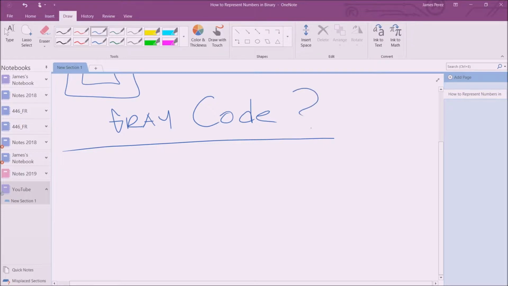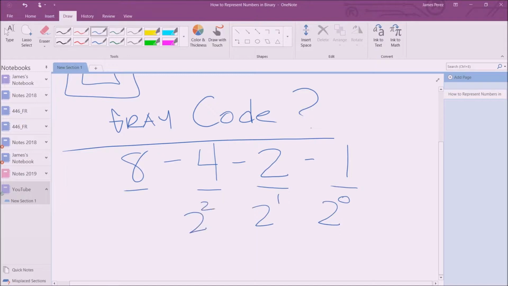Gray code is a form where numbers are represented using something called 8421, in which each of these numbers represent a power of 2, starting from the right at 2 to the 0, 2 to the 1, 2 to the 2, and 2 to the 3, hence why each one is equal to its power. So 2 to the 3 is 8, 2 to the 2 is 4, 2 to the 1 is 2, 2 to the 0 is 1.